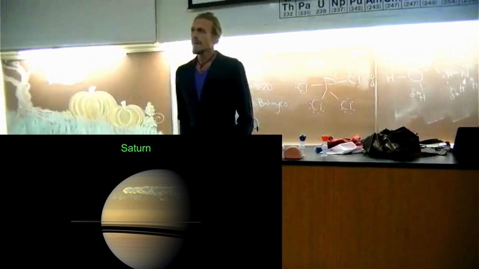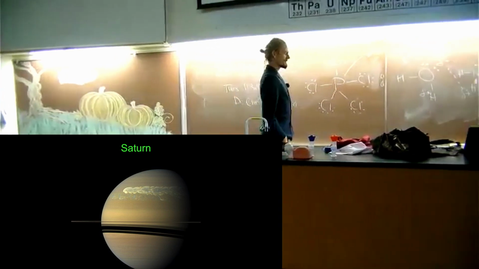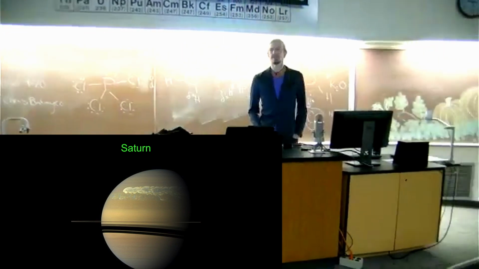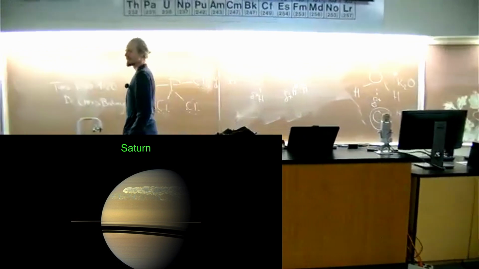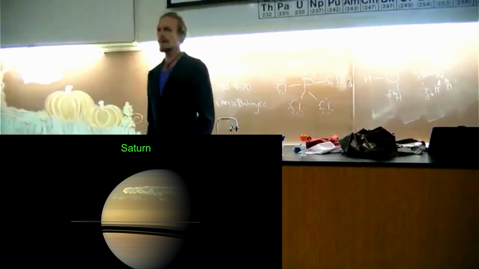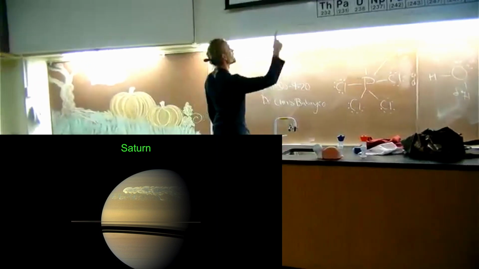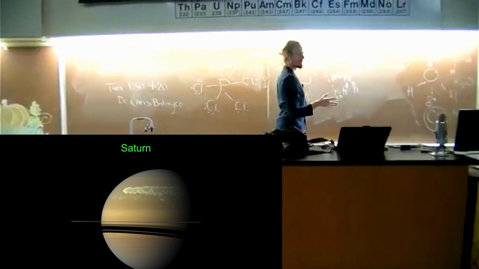So for a long time, we thought that this spot on Jupiter was a stable feature, like it would be there forever. But our observational history of that spot is only about 300 years old, and it actually seems to be dissipating. I think it's down to half the size that it was just at the beginning of its observational history. Saturn forms these very transient storms that appear and disappear.